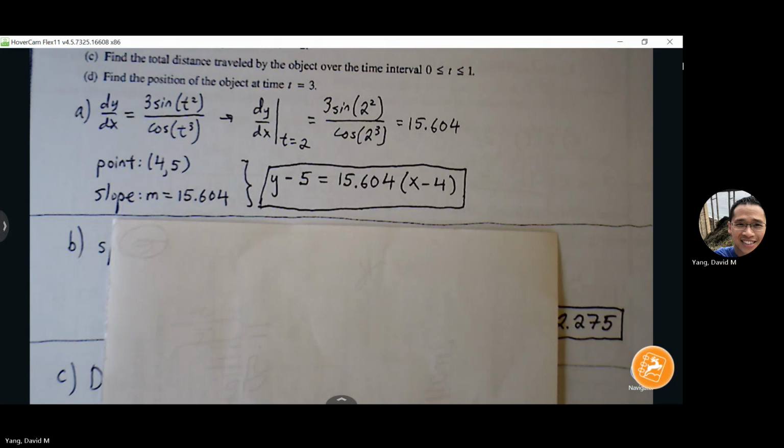So is it fine to keep the slope exact, like that? You can't really simplify it. Well, I would say if it's non-calculator, then leaving it like this is perfectly fine.